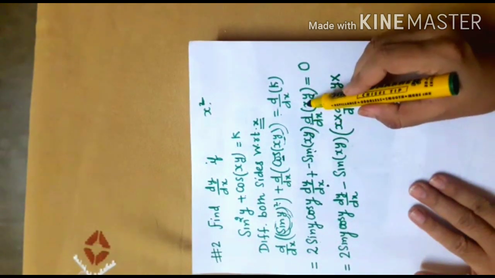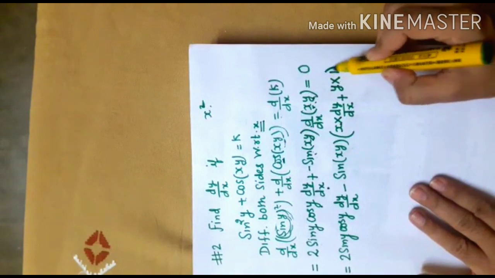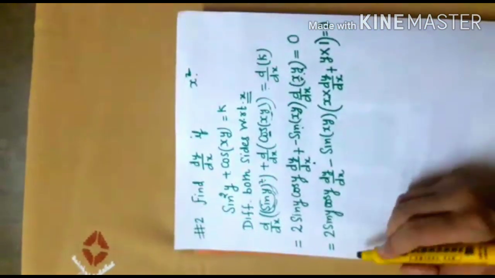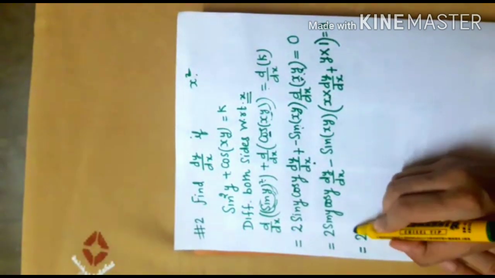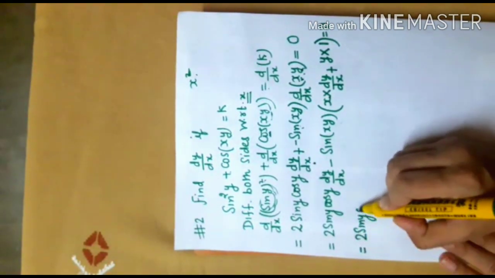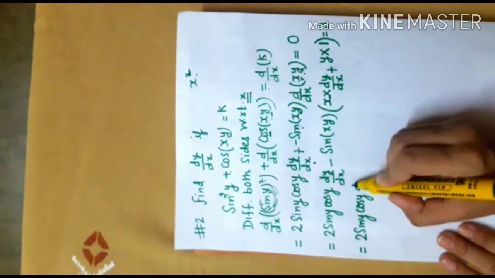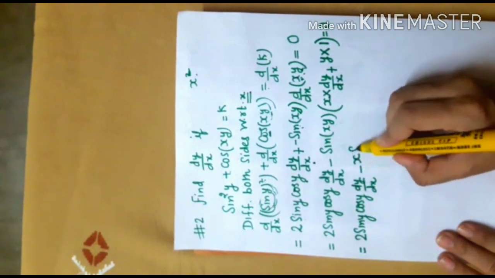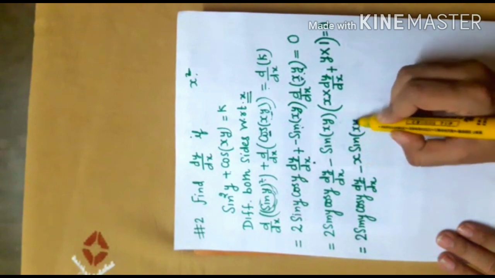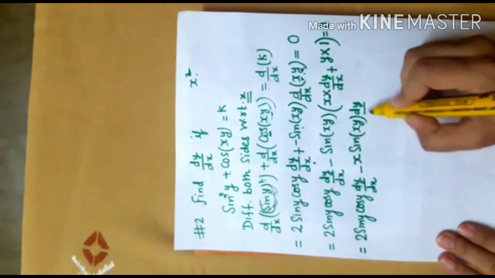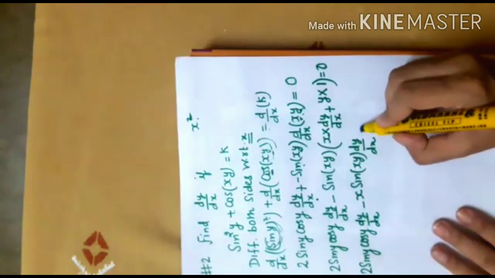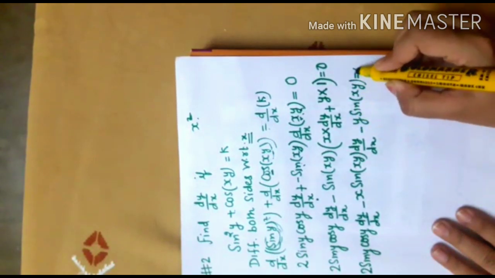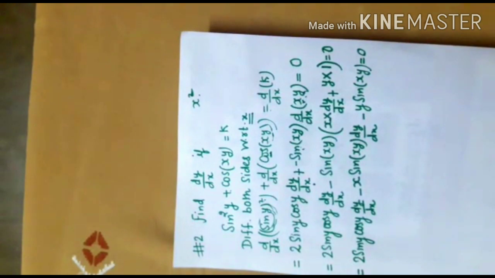So derivative of x with respect to x is 1, and this equals 0. So here it is 2 sine y cos y dy by dx minus x sine xy dy by dx minus y sine xy equals 0.